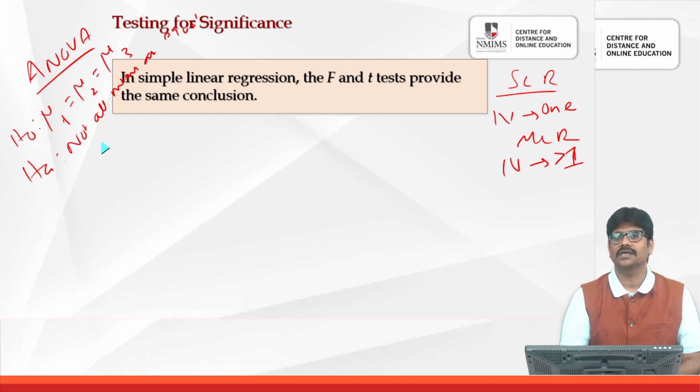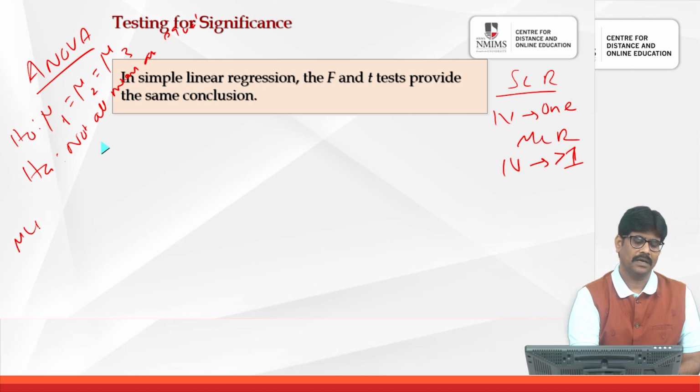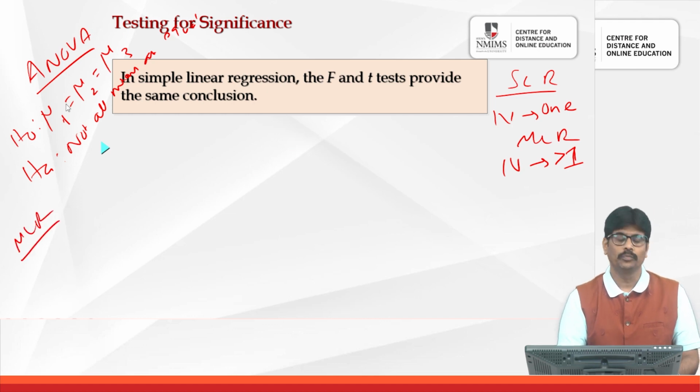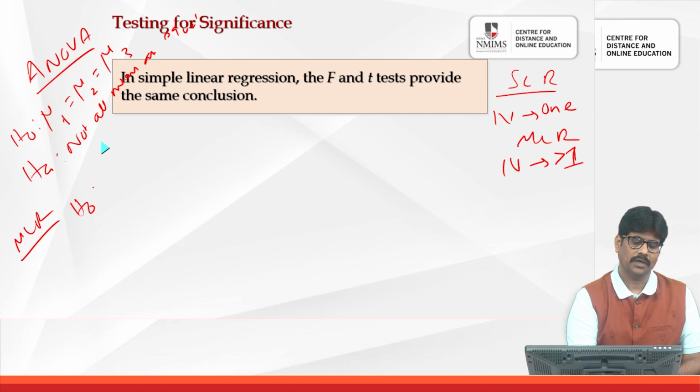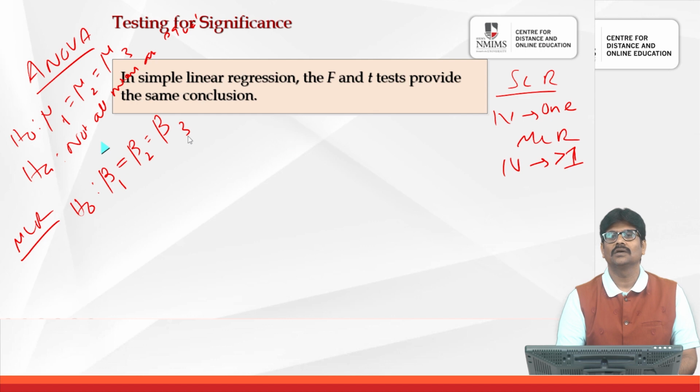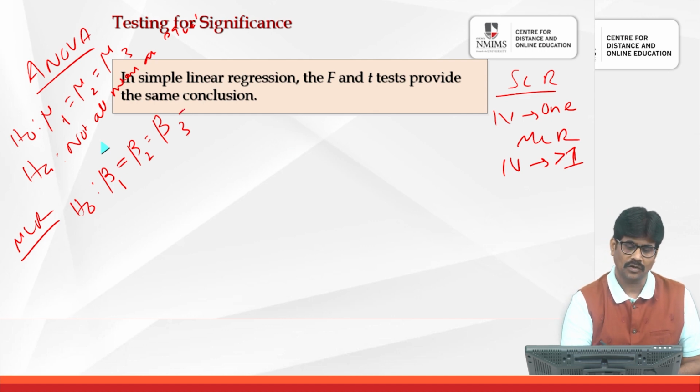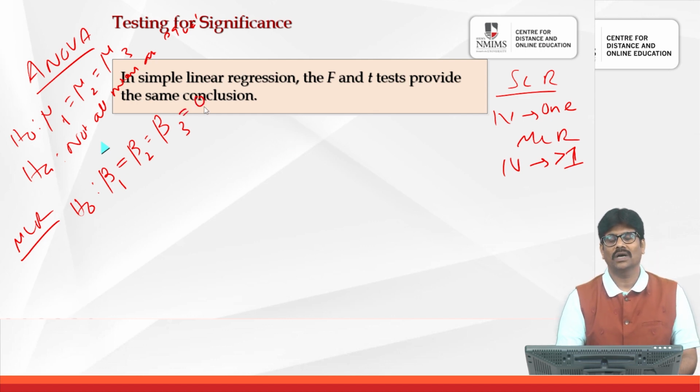Now for regression, for MLR, mu1, mu2, mu3 are nothing but your regression coefficients. So, here it says beta 1 is equal to beta 2 is equal to beta 3, that means all the regression coefficients are equal to 0. What happens if all the regression coefficients are equal to 0?